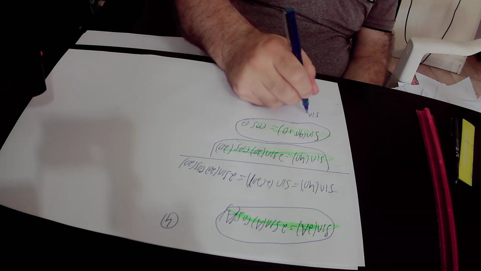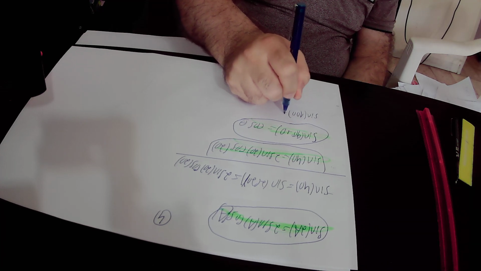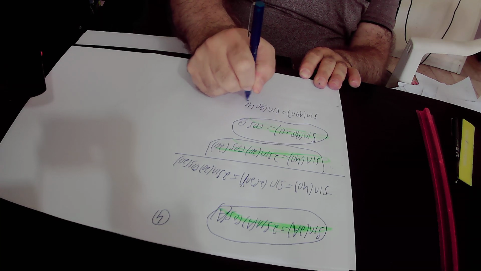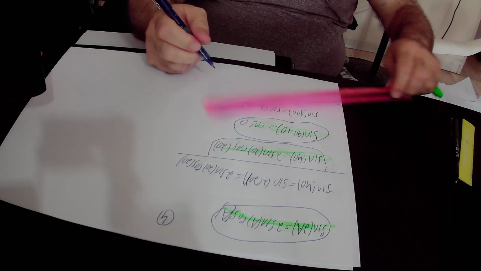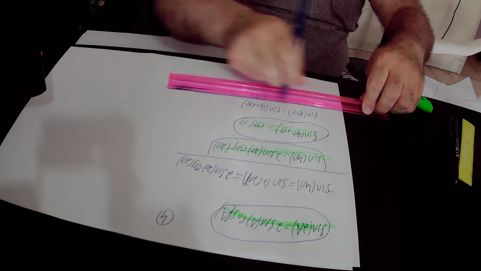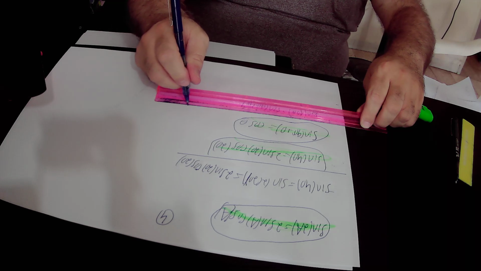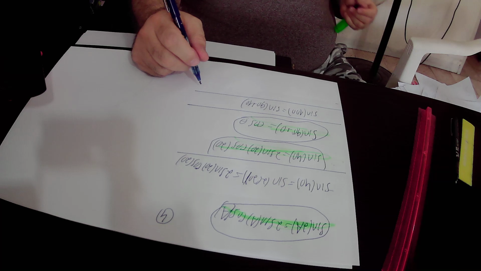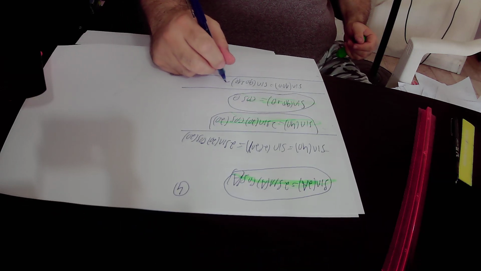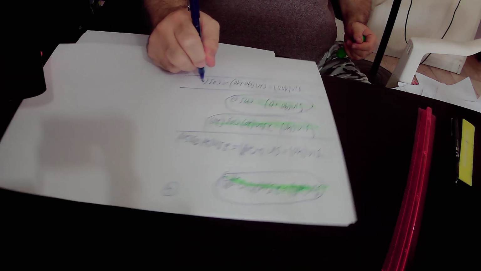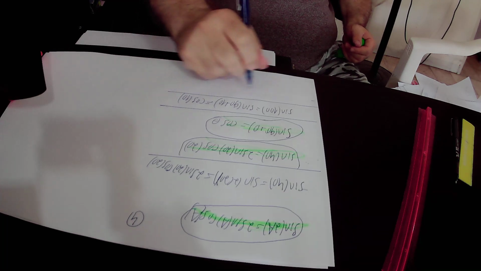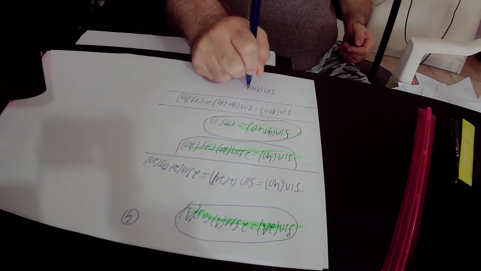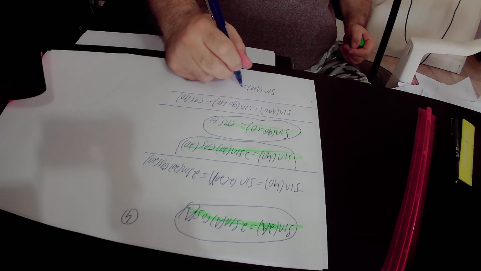So here sine 100 degrees equals sine 90 degrees plus 10 degrees, and according to the identity, that equals cosine 10 degrees. So in conclusion, we found out that sine 100 degrees is equal to cosine 10 degrees.